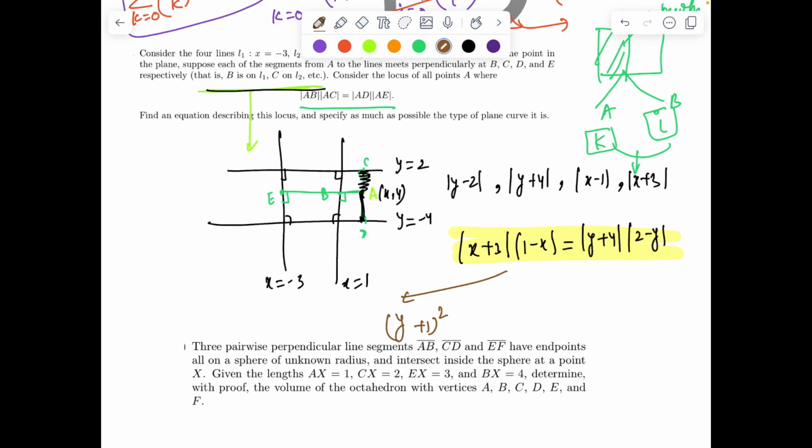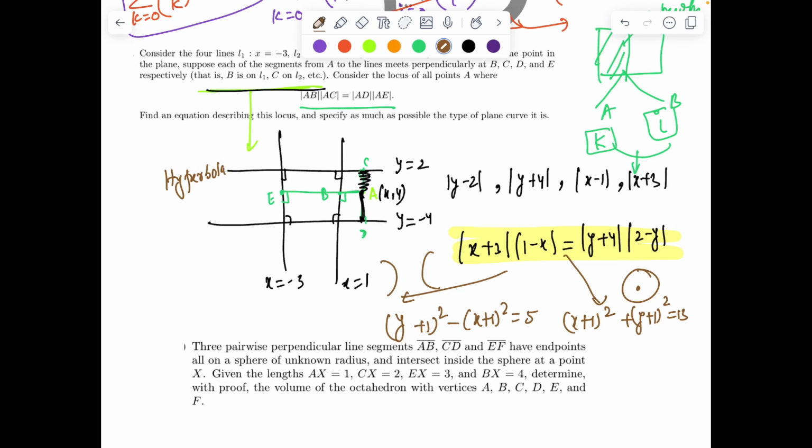Depending upon the sign, we'll get one solution as y plus 1 whole square minus x plus 1 whole square equals 5, and the other solution you can check by yourself: y plus 1 whole square is 13. So this curve is precisely a hyperbola and this is a circle. Okay, so the locus is either a hyperbola or a circle over here.